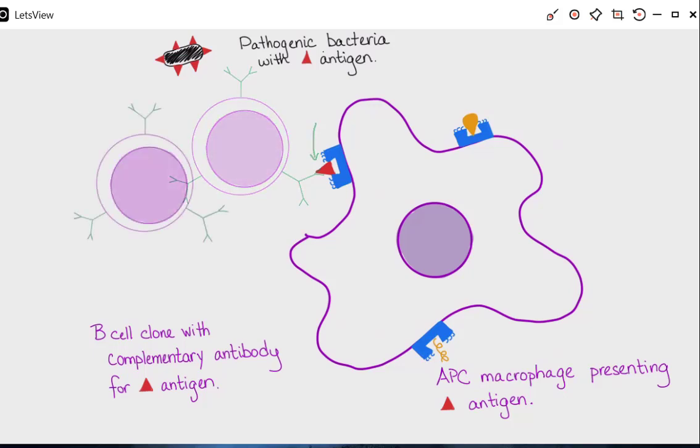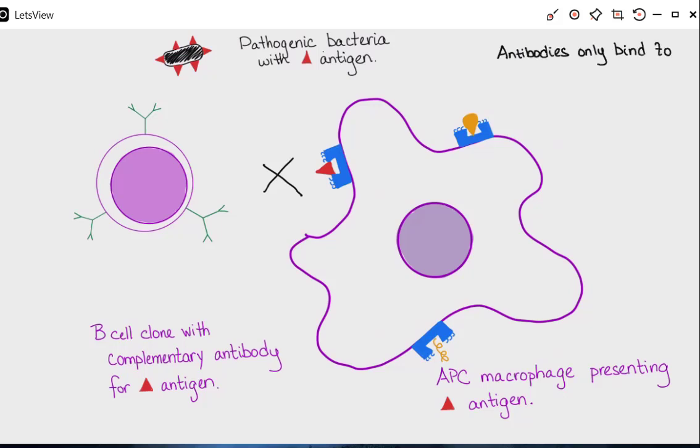Here's the problem. Antibodies can only bind to what is called free antigen. This is really important. So what I just did does not actually happen. So what is the definition of a free antigen? Well, a free antigen is one that is not in an MHC case.